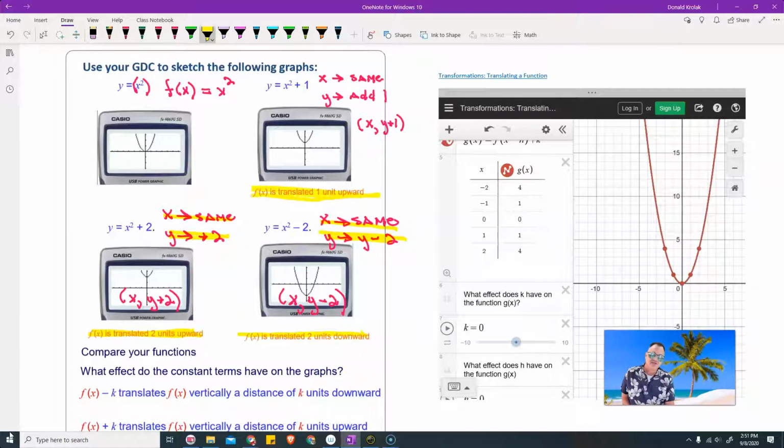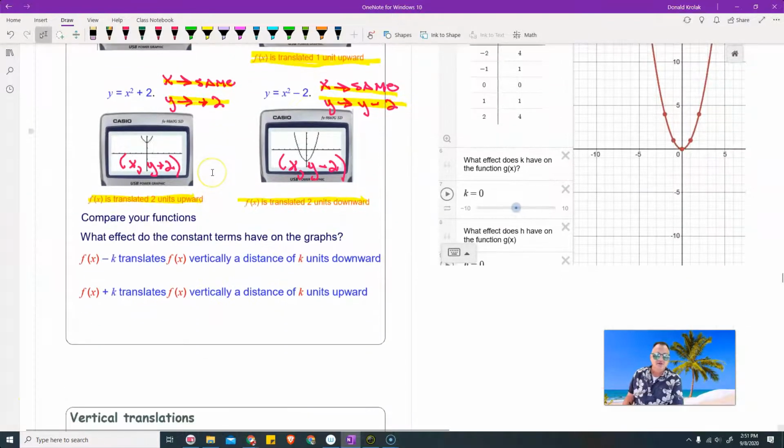And that's the simplest of the translations. These are known as vertical translations. Okay, so down here, we're just showing what we did. Remember, f of x is the output.